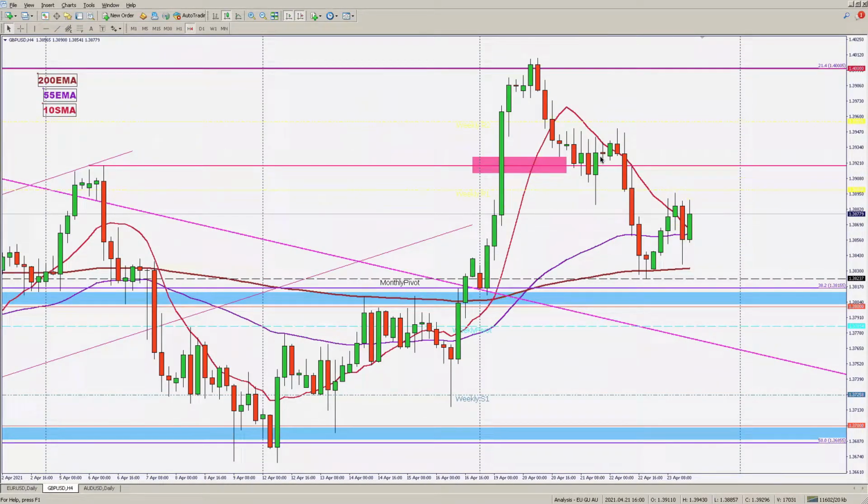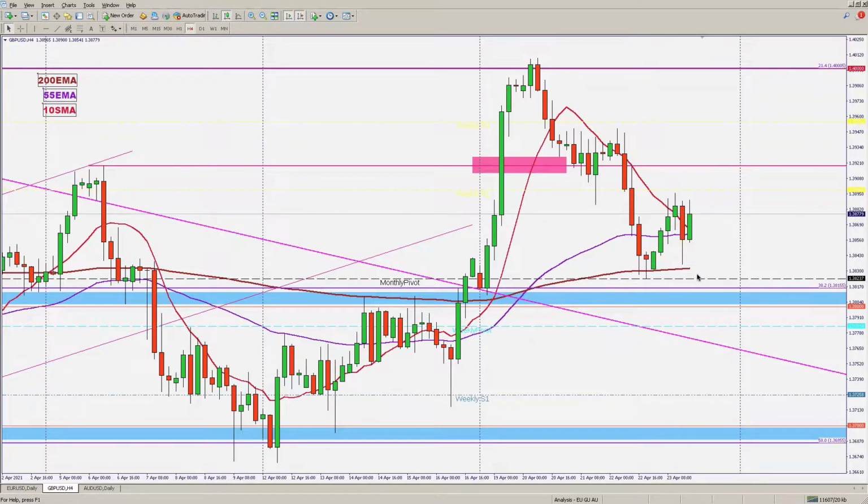You can see it started falling earlier than the euro on Thursday, but found support at the 4-hour 200, and then tried to recover, but is still stuck below this weekly R1 pivot here. So we'll see if this week it's able to recover further.